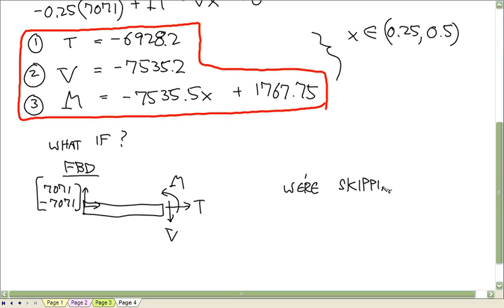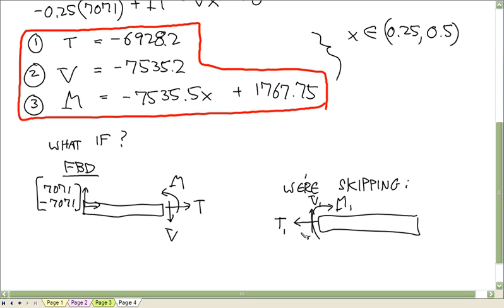And what we're skipping is that in addition to all those other loads, we have some, I'll call it T1, shear force 1, bending moment 1, that are acting between the metal we're omitting and the metal that we're including. Okay? And that's why you can't do it like this.